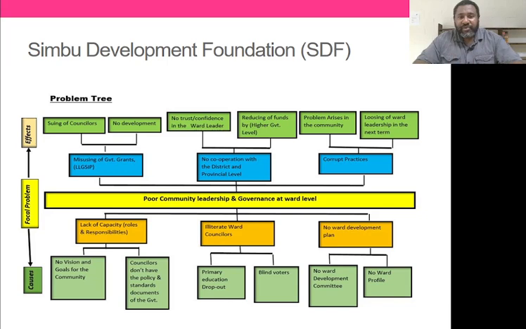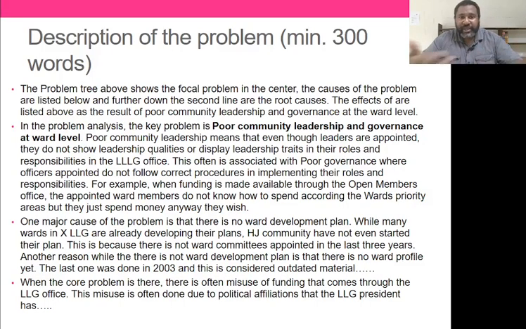And if you do your problem tree well, the problem tree that you submit to me should look something like this. This is from a previous problem tree done by the Simbo Development Foundation, an organization in Chibu province. This is an example of a problem tree that they have written down, and then they have gone on to explain what that particular problem tree is all about.